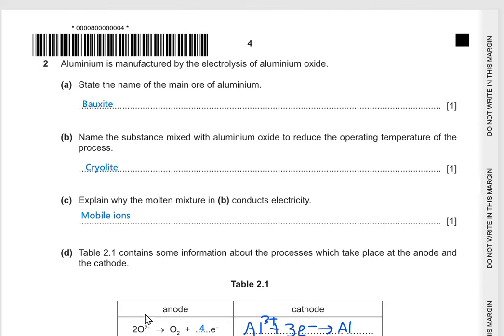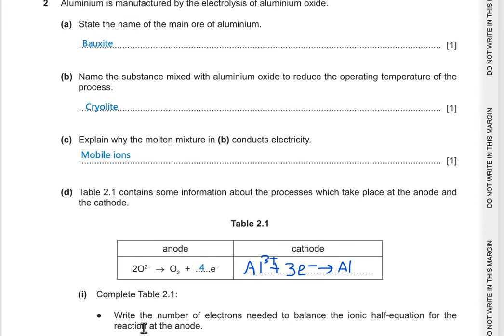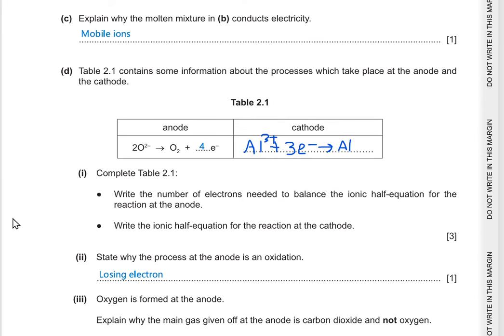Table 2.1 contains some information about the processes which take place at the anode and the cathode. At the anode, they want you to refer to the reaction, so that's going to be 2O2- → O2 + 4e-. And for the cathode, aluminium ions become aluminium. Complete table 2.1.